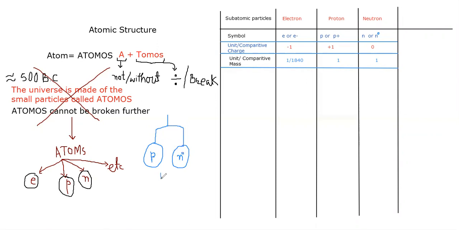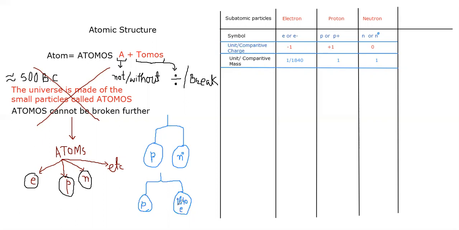But in the case of electron and proton, I'm going to show here, you have another physical balance, and in one pan you put one proton, and on the other side you have to put 1840 electrons. So these 1840 electrons are equal to the mass of one proton. That was the concept I needed to present here.